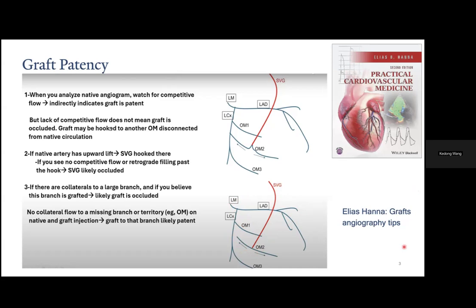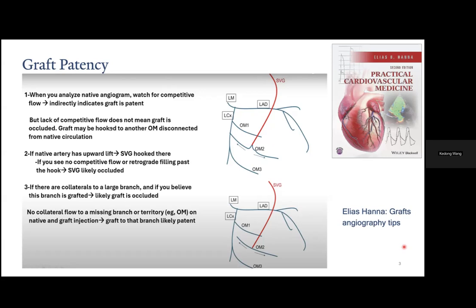In terms of collaterals, obviously, if there's a territory that's missing vascular supply, there's one of three possibilities really. It's either supplied by the native vessel, it's supplied by collaterals, or it's supplied by a graft.